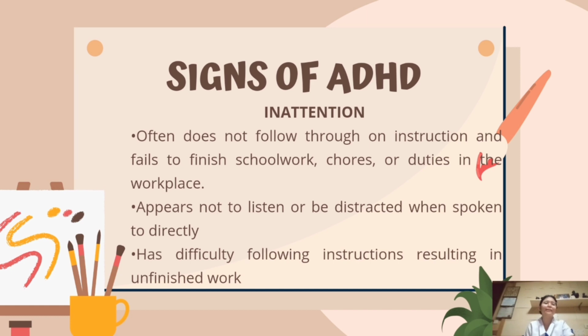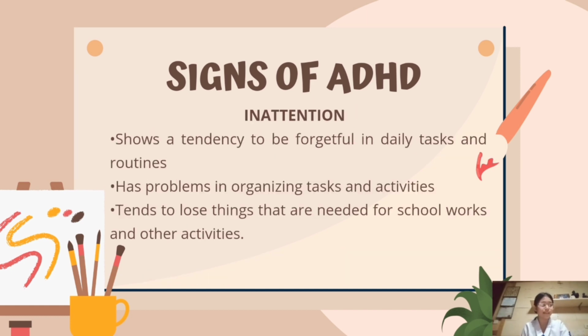So next, shows a tendency to be forgetful in daily tasks and routines. So another sign is being forgetful in doing tasks or even routines. Next, has problems in organizing tasks and activities. So the child might not be organized or doesn't know how to manage his or her tasks and activities.